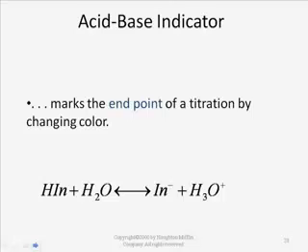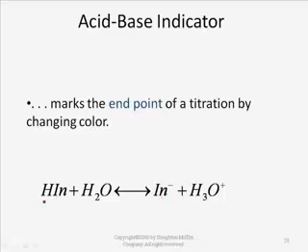The end point is where our indicator tells us to stop the titration. The goal of choosing an indicator is to have your end point be as close to your equivalence point as possible. So basically, indicators are weak acids that change color when they are forming their conjugate base.